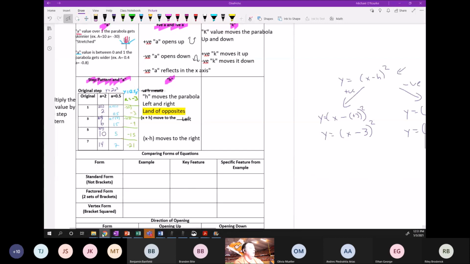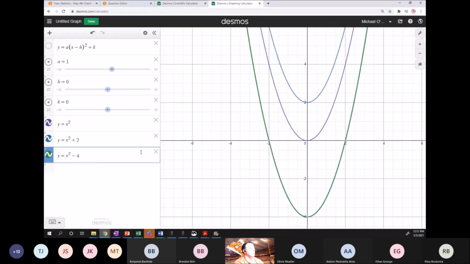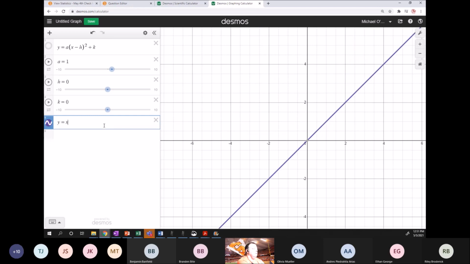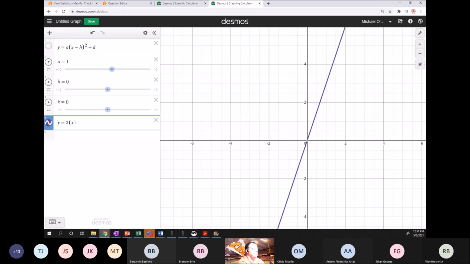Now let's put it all together here. Let's put one big one together: 3 bracket x minus 4 squared plus 2.